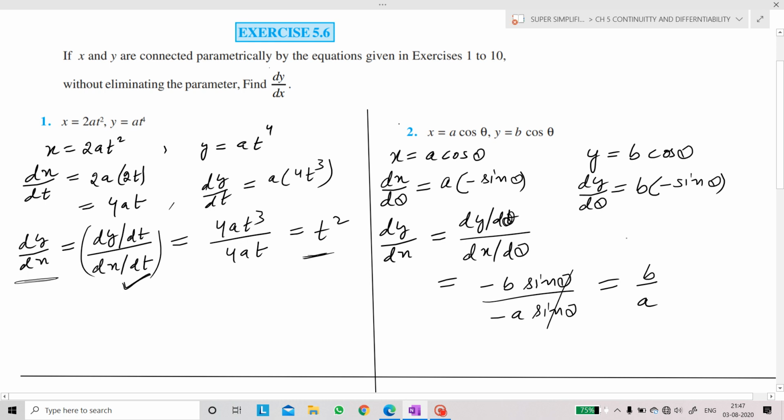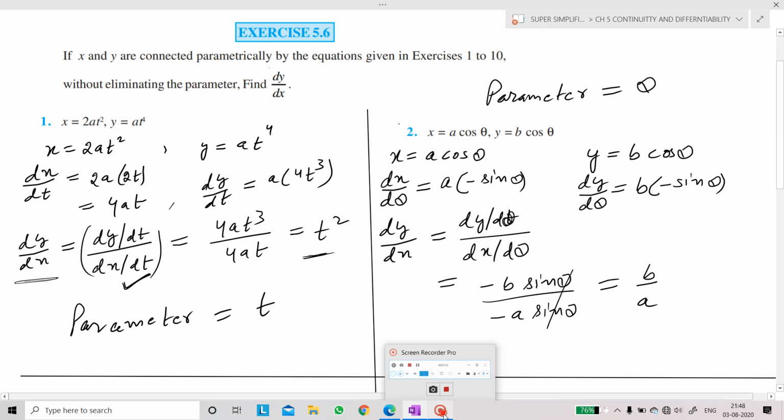In the second question the parameter is theta. So x and y both are in terms of theta, and you are getting the answer also in terms of theta. So whatever the parameter is, the value of dy by dx will be got in terms of the parameter.